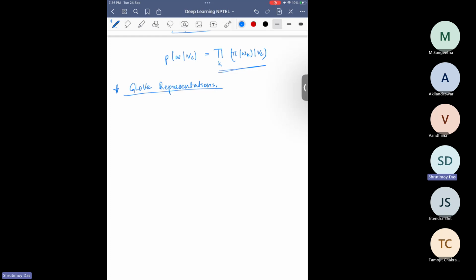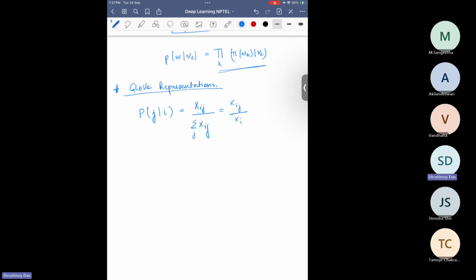So suppose we are looking at the probability that word j appears given i. It will look at this X matrix that we had, the co-occurrence matrix: how many times i and j occur together, divided by the summation of Xij, that means how many times i occurs overall.